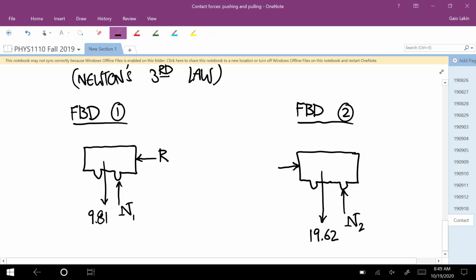But notice that this is a contact between these two bodies, and we're just isolating the other body. Okay, so this is a case where we know the magnitude has to be the same as that magnitude we saw on the other one. And so this force has to be R. These two have to be the same.